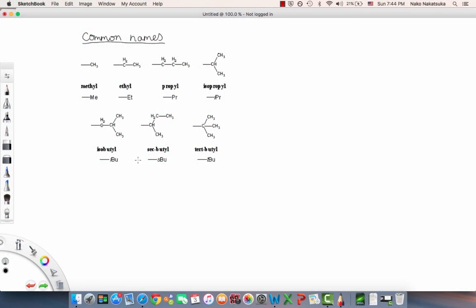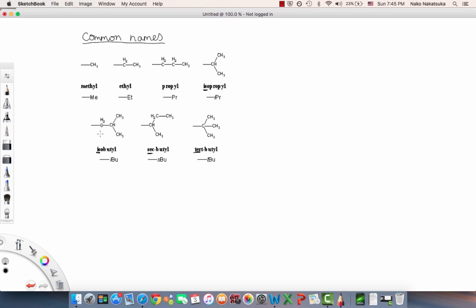Just as a reminder of some common names, methyl, ethyl, propyl are just the simple alkyl groups, but then we also have things like iso, sec, and tert that come before the alkyl group. So when you see iso, that's when the carbon that's attached to whatever the parent chain is bonded to only one other carbon.